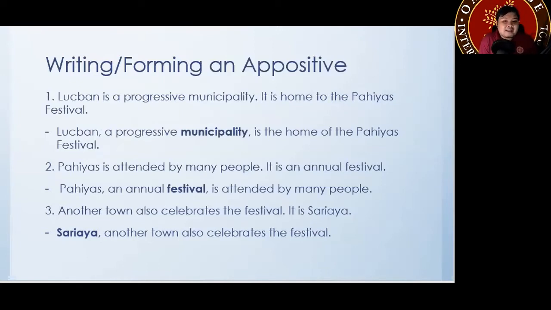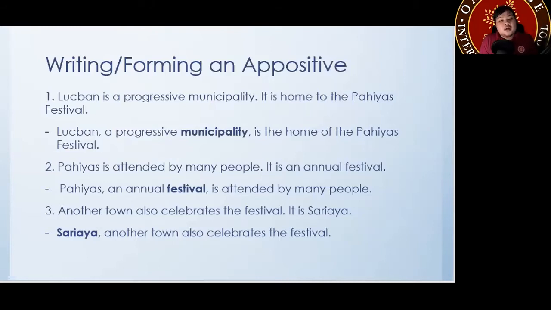Okay, with stuff like this, you already have the pronoun it, so you could change it with the subject. For example, you'd like to use Lukban as a subject. And then since Lukban is a progressive municipality, you could put a progressive municipality as the appositive. And then is home to Pahiyas Festival. So that would be the predicate.